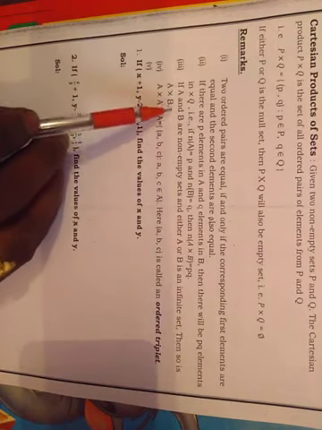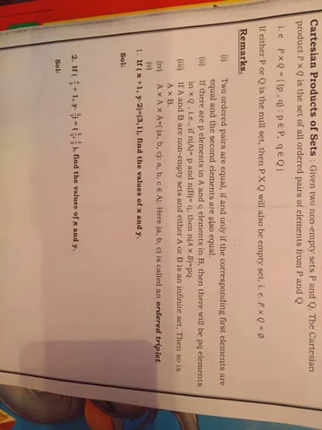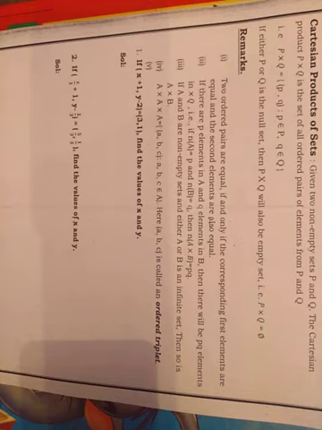Third note: if A and B are non-empty sets and either A or B is an infinite set, then so is A cross B. If either A is infinite or B is infinite, then the Cartesian product A cross B is also an infinite set.